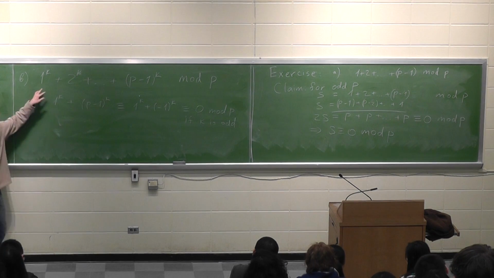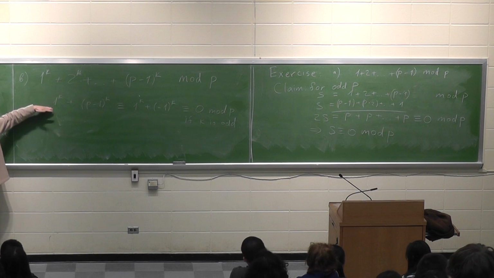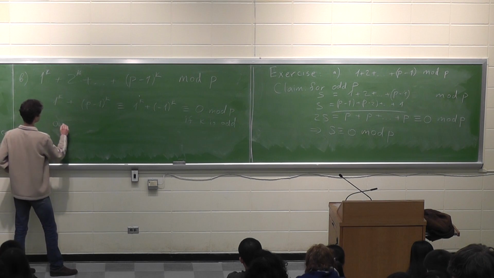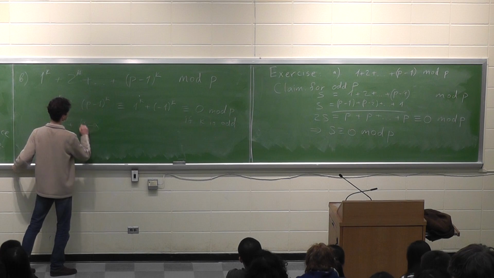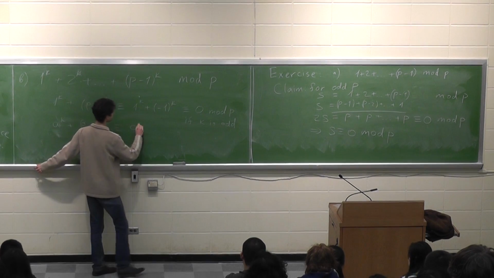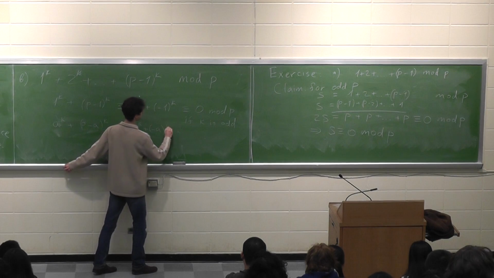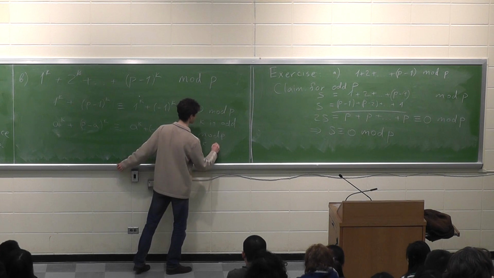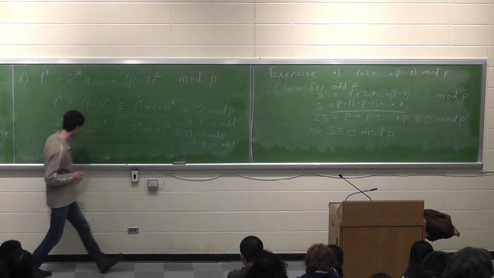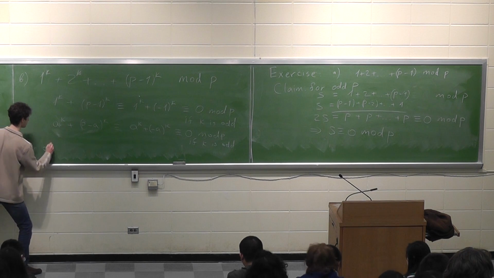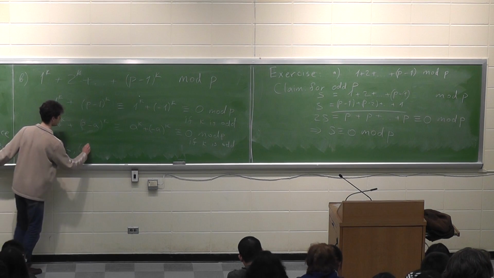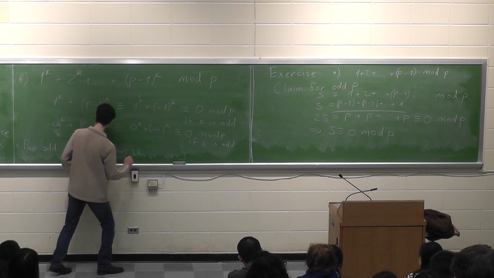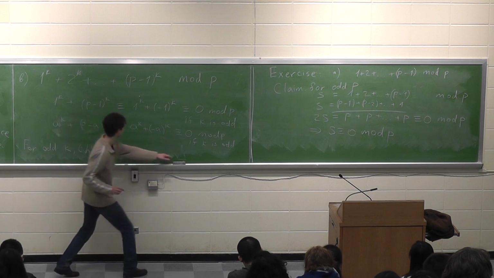In fact, if k is odd, we can proceed with this idea to the end: a to the power k plus p minus a to the power k, which is the same as a to the power k plus minus a to the power k, is congruent to 0 modulo p if k is odd. So indeed, for odd k and odd p, this shows the sum is 0.